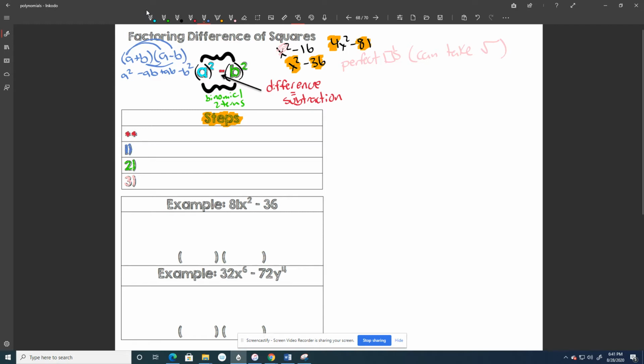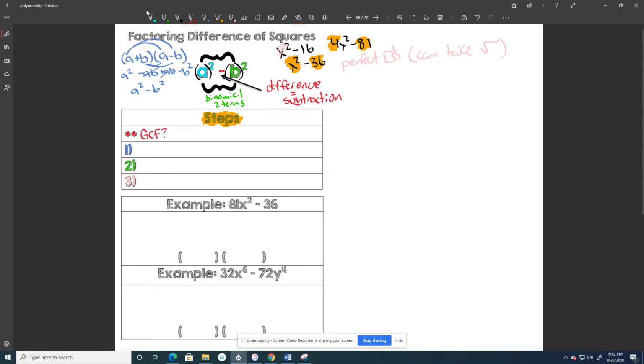So what happens is these two in the middle, this negative ab and this positive ab, cancel each other out, and you're just left with a squared minus b squared. So knowing that, it's really easy to work backwards and turn it back into these factors. You are more than welcome to do it the long way, like we have been doing, but if you recognize this shortcut, great.